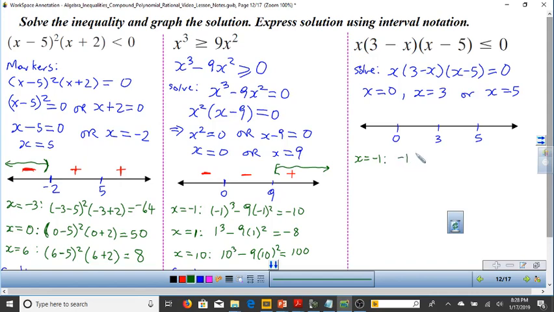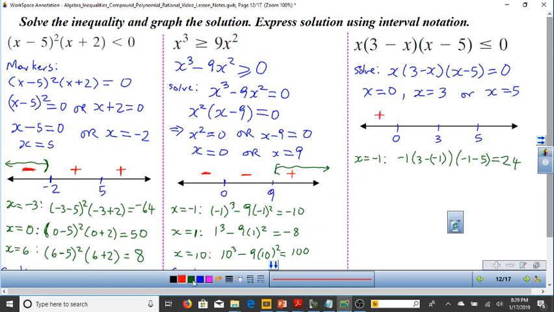So we have -1 times (3 minus -1) times (-1 minus 5). So 3 minus -1 is 4. So we have -1 times +4 is -4 times -6 is +24. So we have a positive answer right here.